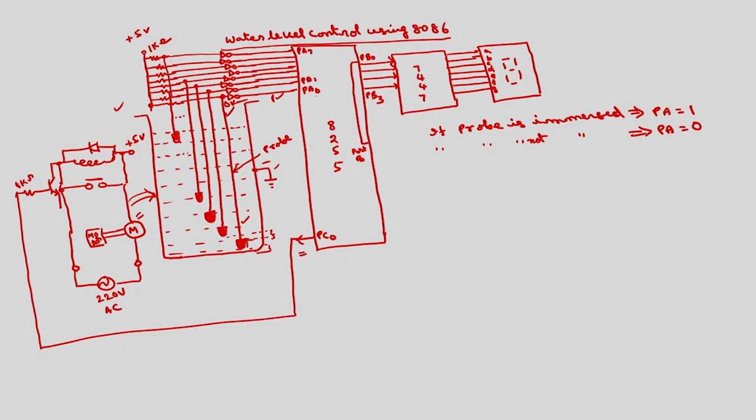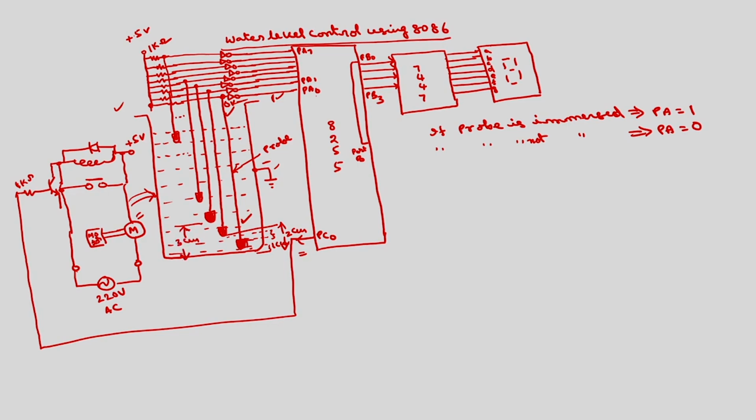Okay, that is the logic. If this particular probe is immersed, I will assume that this is, for the sake of simplicity, 1 centimeter. If both the first one and second one are immersed, this is 1 plus 1, 2 centimeters. This is total from here to here 2 centimeters. And if the third one is also immersed, I will assume that this is some 3 centimeters.